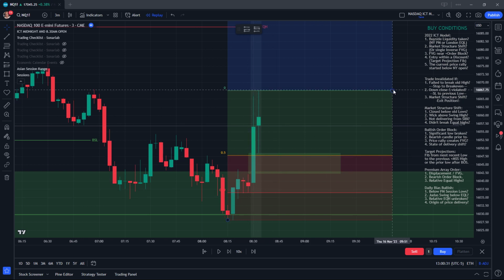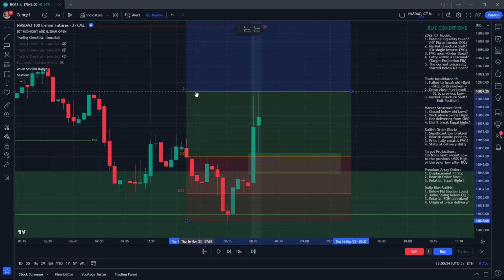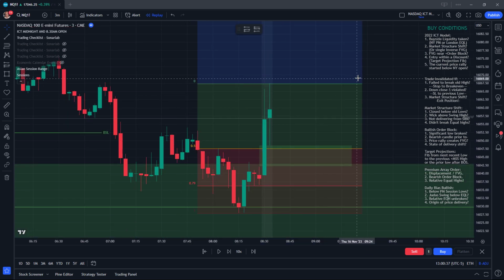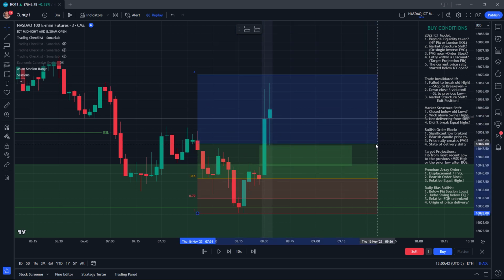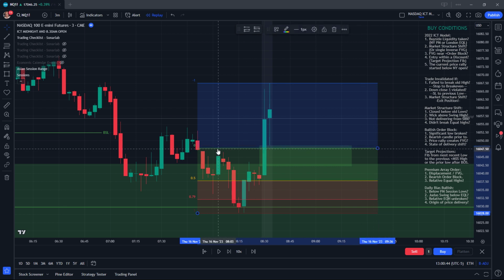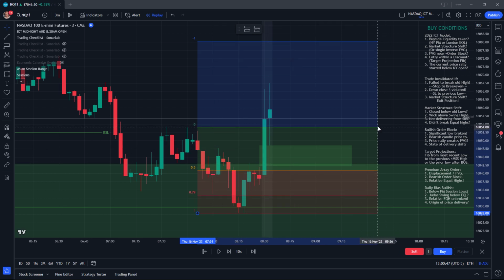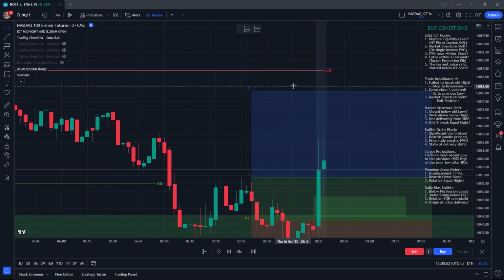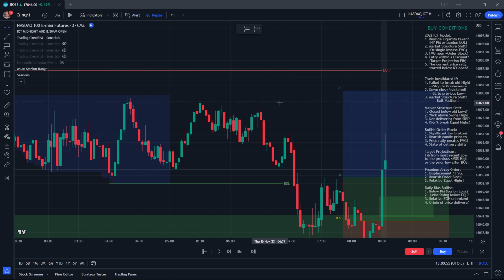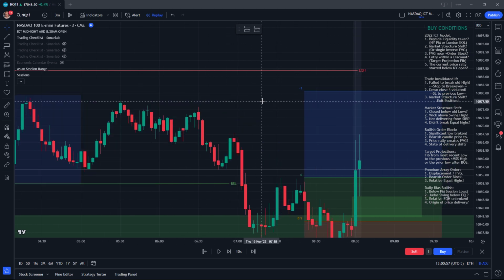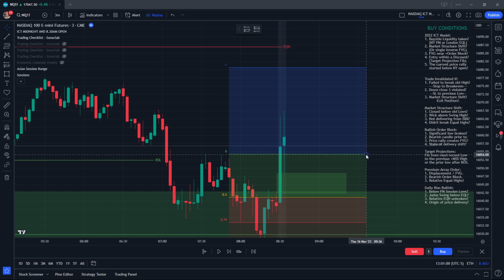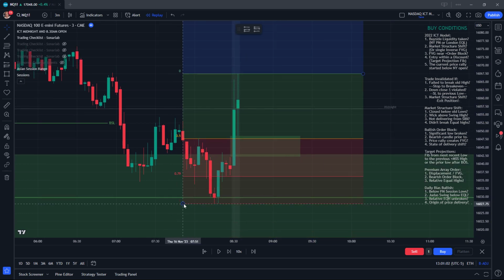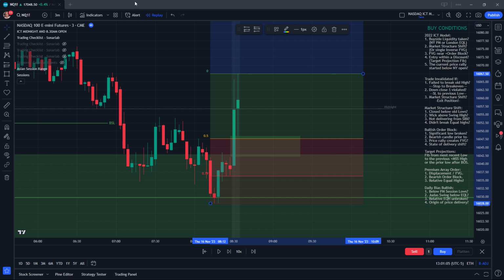But I've seen ICT, when he's looking for this standard deviation, instead of using the actual high, he uses the level where a market structure shift occurred. So I guess that would be here, wouldn't it? That's where the significant market structure shift happened. And he'd be using that, which would give us these equal highs here. So I'll probably just keep that in mind as well. But yeah, that seems to meet all the conditions.